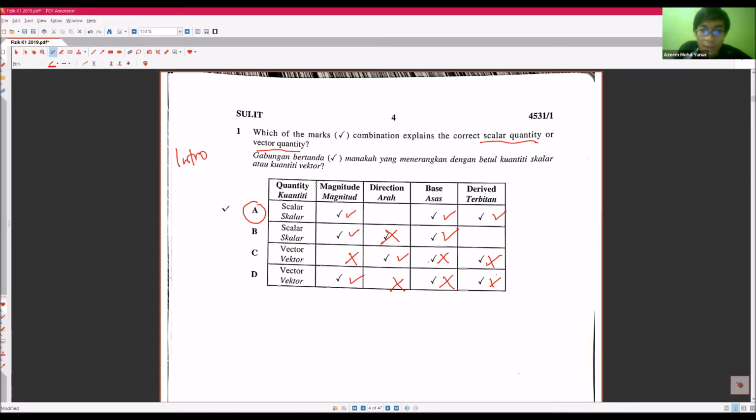So let's revise our answer for the rest. Scalar quantity, this one is correct if we just assume maybe some of the scalar quantities are base quantities. All base quantities are scalar quantities, so the inverse relationship is not always the truth. Vector quantity, so derived quantity, yes. Almost all vector quantities are derived quantities, except for displacement. So again, this one is correct. Hopefully in the exam you must think very deeply and spend at most 1.5 minutes to answer this question.